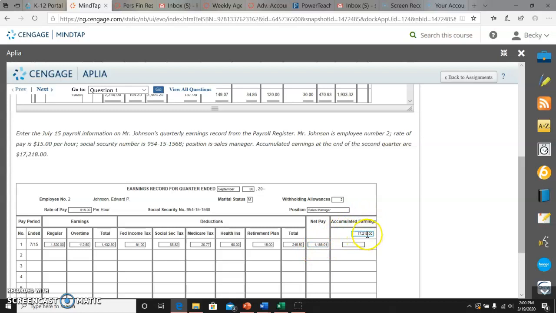So take that previous amount of $17,218 and add to it the total earnings over here of $1432.50, and we would get $18,650.50. And that's all it takes to do an earnings record for an employee.